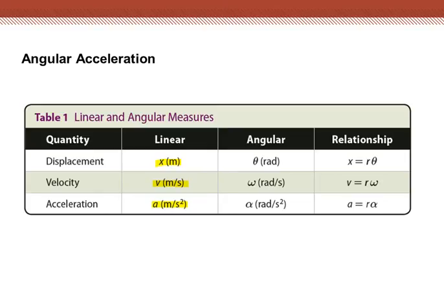Now the angular, we switch over and we use theta to describe displacement, omega to describe velocity, and alpha to describe acceleration. And how do they relate to each other? They're off by a factor of r. So to go from angular back to linear, we just have to multiply by a factor of r.